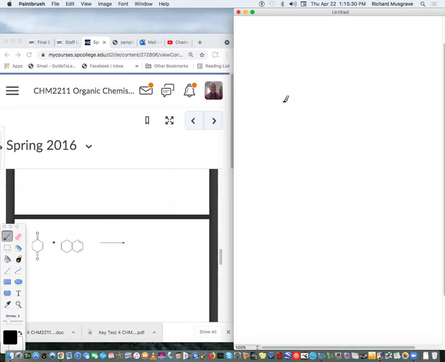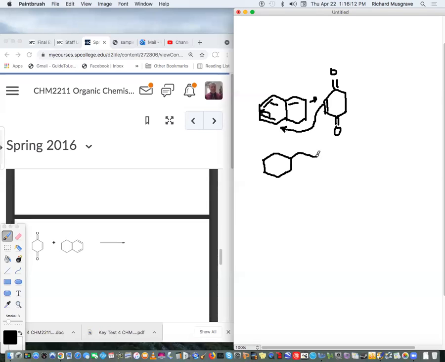So there is a double bond there, but I'll set this up Pac-Man style. And doesn't look like that.